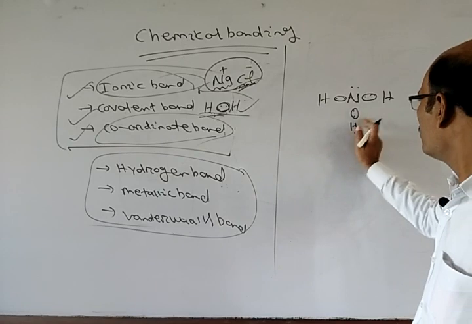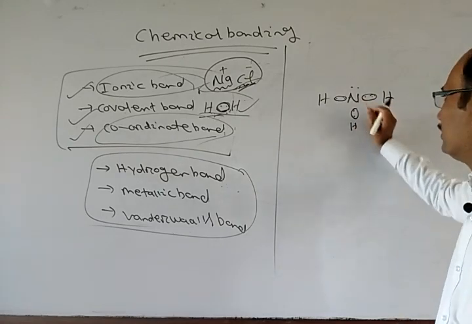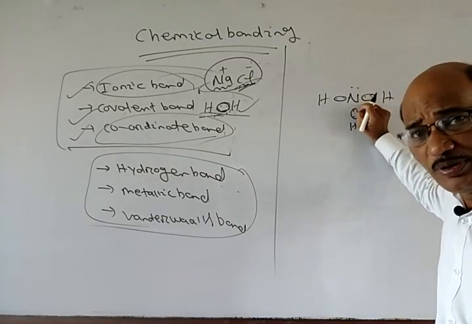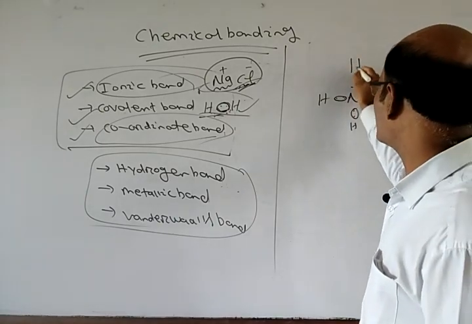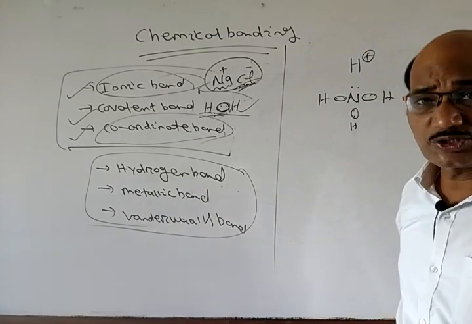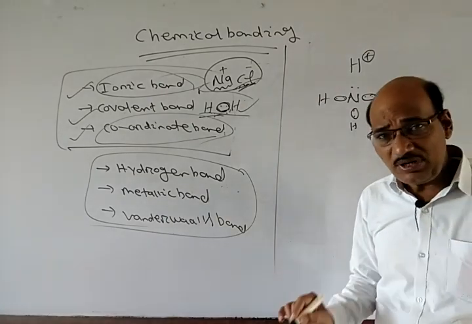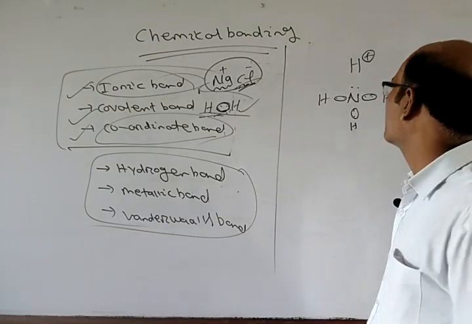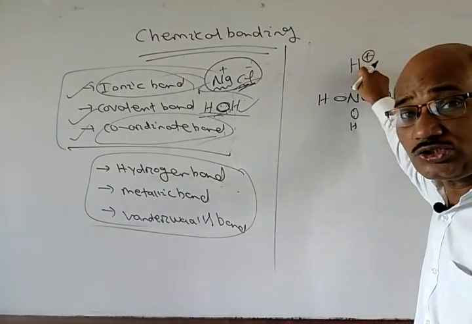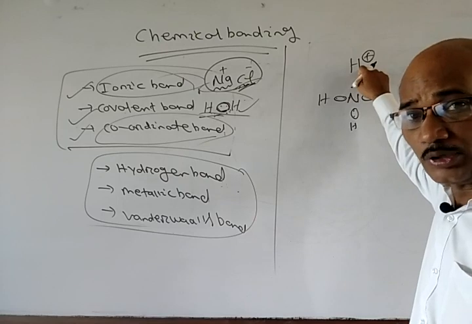See, 2, 4, 6, 8. Now its octet is fulfilled. Okay. But if I have an H plus here, H plus is now having no electron. It requires 2 electrons to have this doublet.